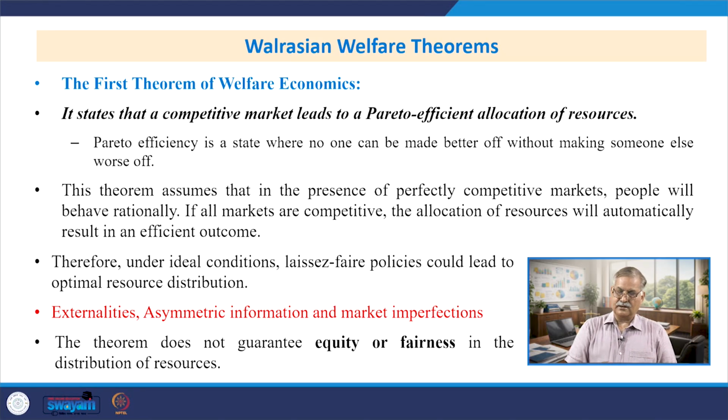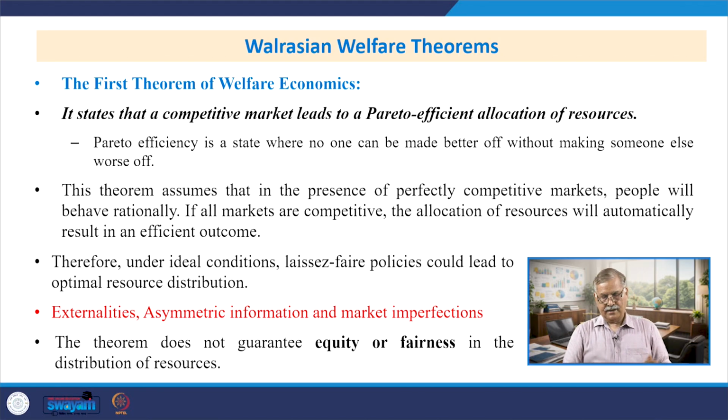If all markets are competitive, the allocation of resources will automatically result in an efficient outcome. So if the market is competitive, there are no market distortions, then the market mechanism will allocate the resources efficiently and it will lead to Pareto optimality, meaning no one can be made better off without worsening at least one person. Therefore, under the ideal condition of laissez-faire policies, meaning leave individuals free in economic activity, it leads to optimum resource allocation.